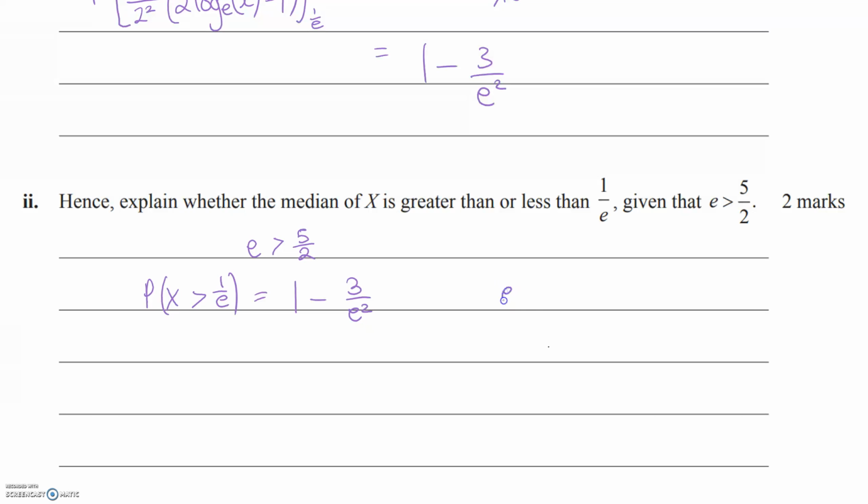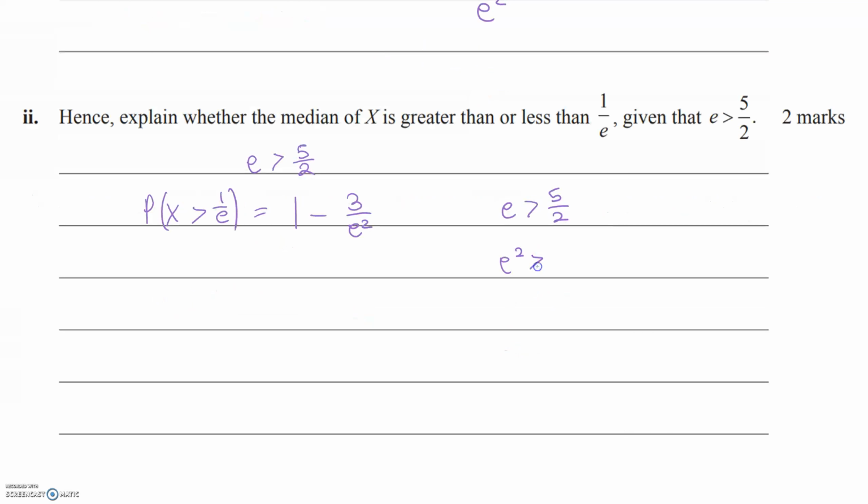So given that e is greater than 5 on 2, we can actually say, well, that means that e squared is greater than 25 on 4. Now if we do the reciprocal of this, we can say that 1 on e squared, and we have to flip this sign as less than this, and we can therefore say that 3 on e squared is less than 12 on 25.